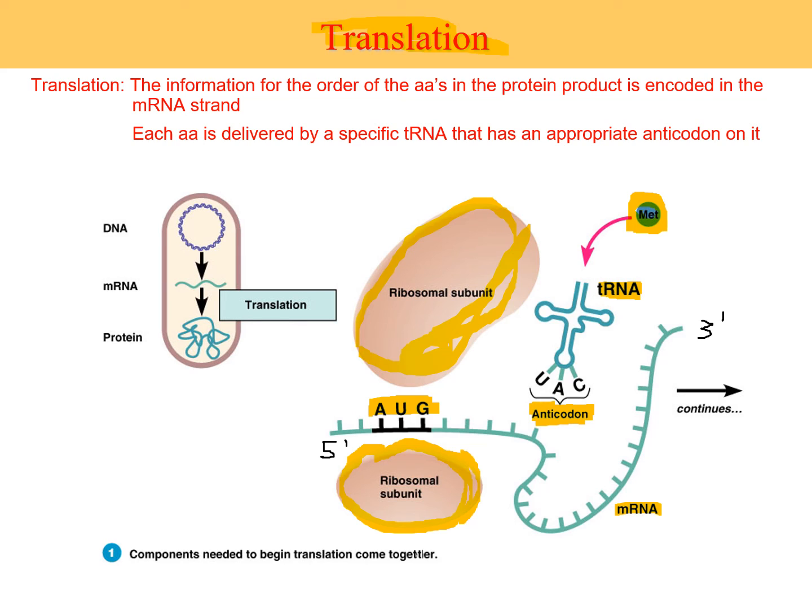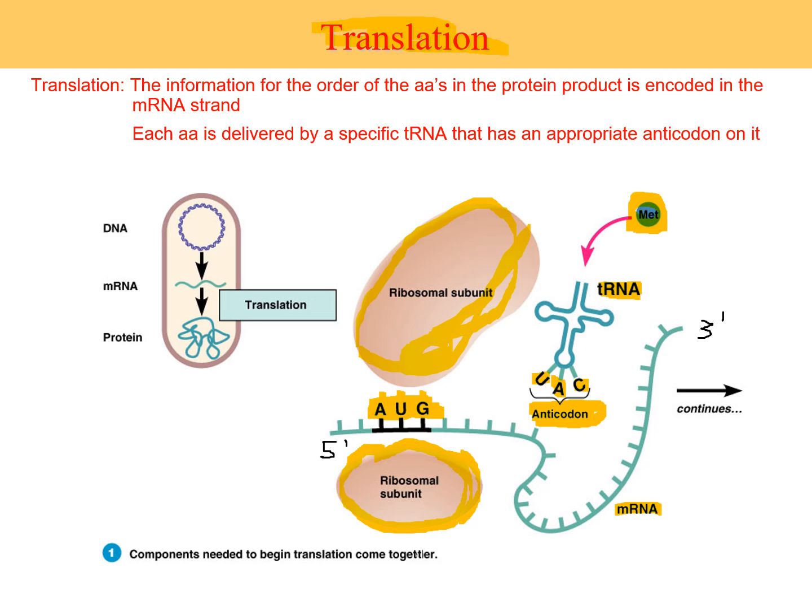It has the appropriate anticodon for that first codon. UAC can complementarily bind to AUG. The U will complementarily bind to the A, the A to this U, and this C to the G. That's why the process works, because of transfer RNAs.